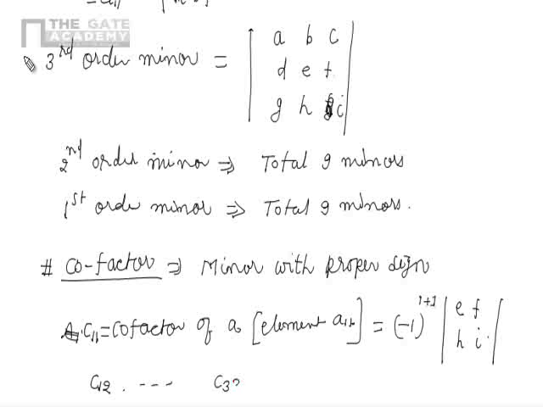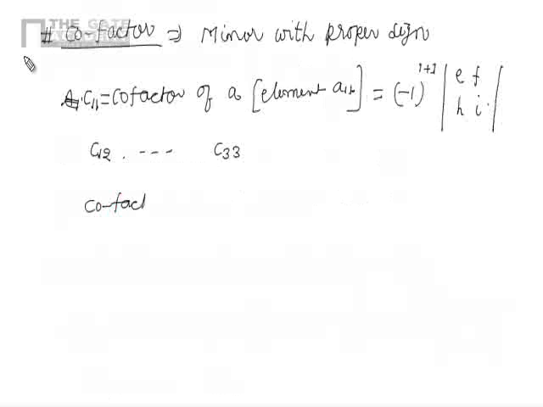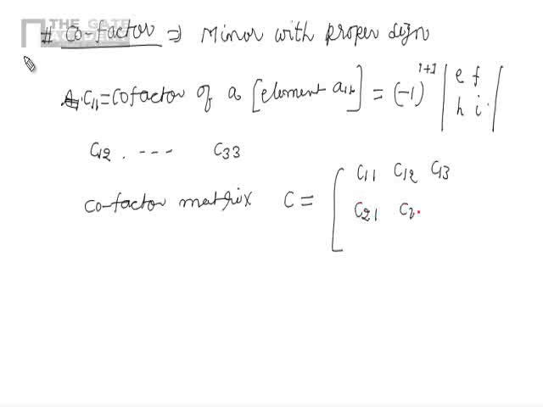I can calculate up to C33. So the cofactor matrix can be written as C, that is nothing but C11, C12, C13, C21, C22, C23, C31, C32, C33. So that's how we can find the cofactor matrix.